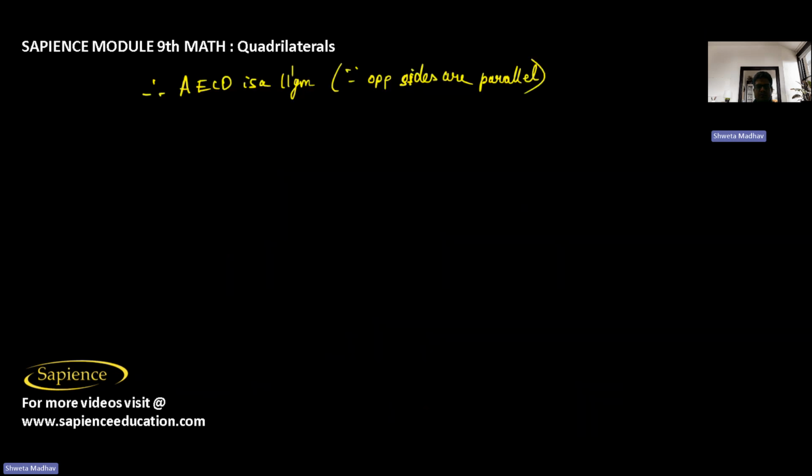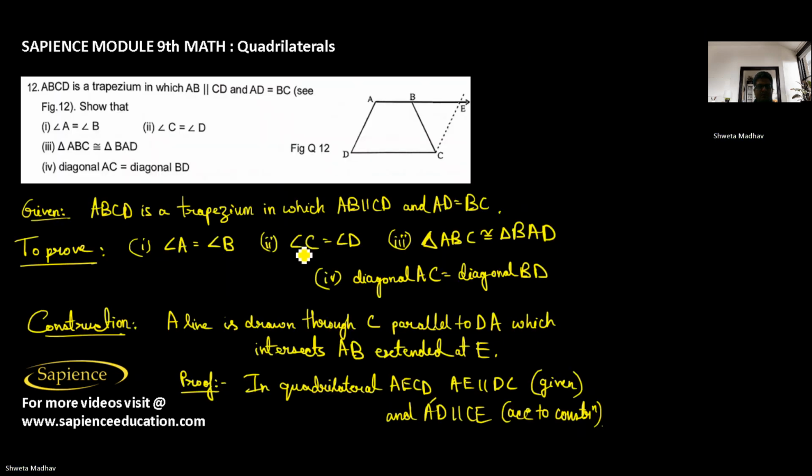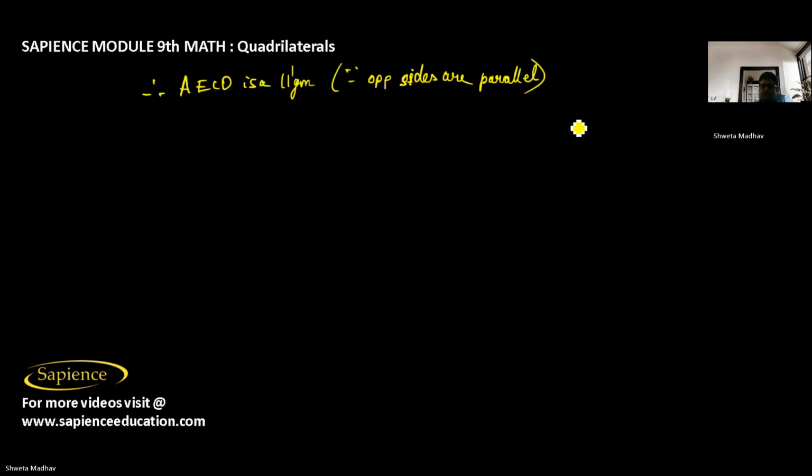AD is parallel to CE. Now, therefore, we can see that AD will be equal to CE. The diagram is like this.